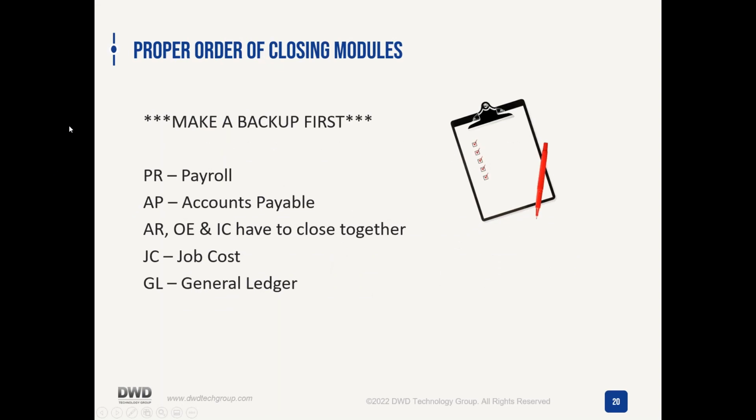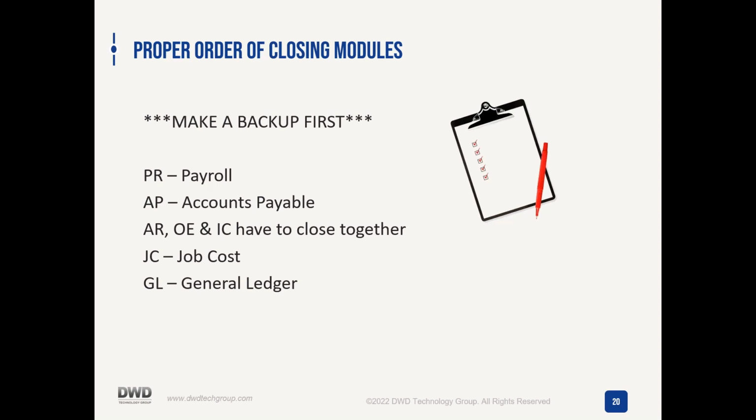Let's remind ourselves of the proper order of closing. Ideally, we all know that payroll needs to close every month because I can't cut payroll checks if I don't have it in the correct calendar month. We talked a little bit about accounts payable and accounts receivable, where the payables can only be processed one month into the future.